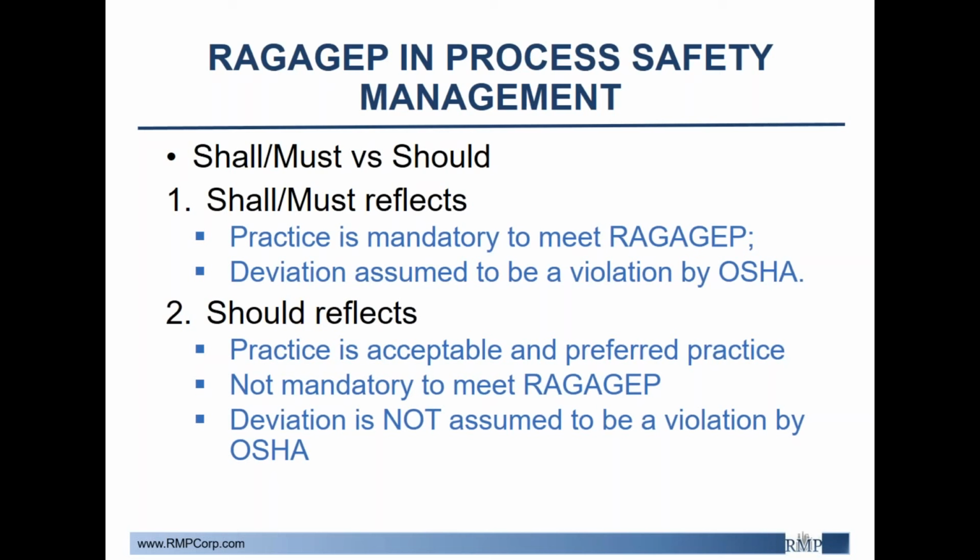However, in the event of a violation due to deviation from a shall or must practice, the employer will still have an opportunity to provide an explanation on why they feel their practice still meets RAGAGEP prior to the citation becoming official.